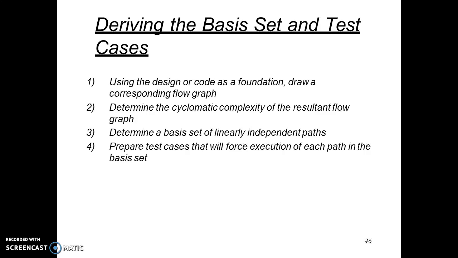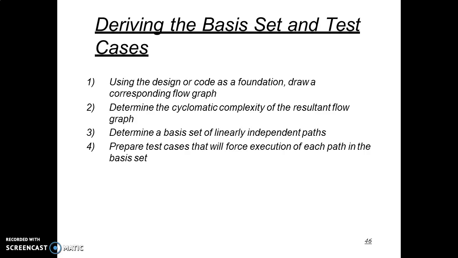Now, deriving the basis set and test cases. Using the design or code as a foundation, draw the corresponding flow graph. You need code to draw the flow graph; on the basis of a flow chart also you can convert it to a flow graph. Determine the cyclomatic complexity of the resultant flow graph, and determine a basis set of linearly independent paths. Prepare test cases that will force execution of each path in the basis set.